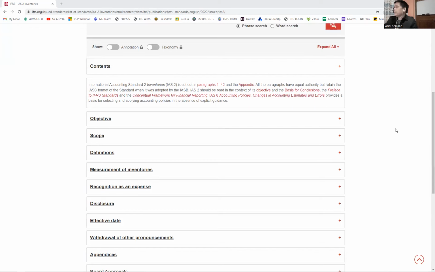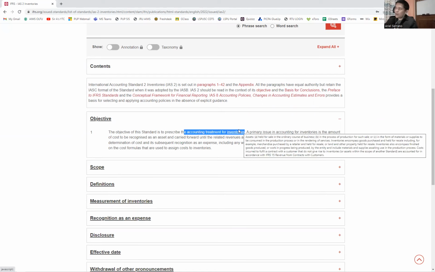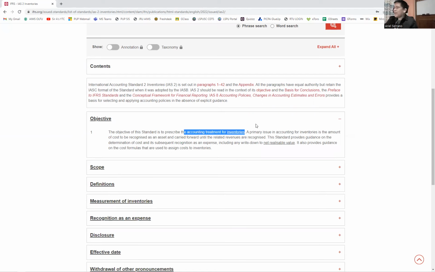Okay, so what is the objective of IAS 2 on inventories? Of course, the objective of this standard is to prescribe the accounting treatment for inventories. So paano ba natin i-account yung inventories?